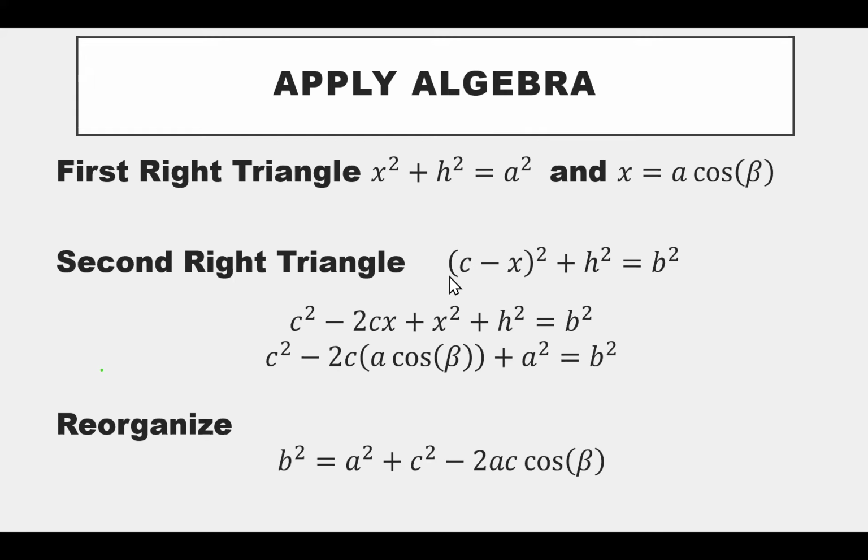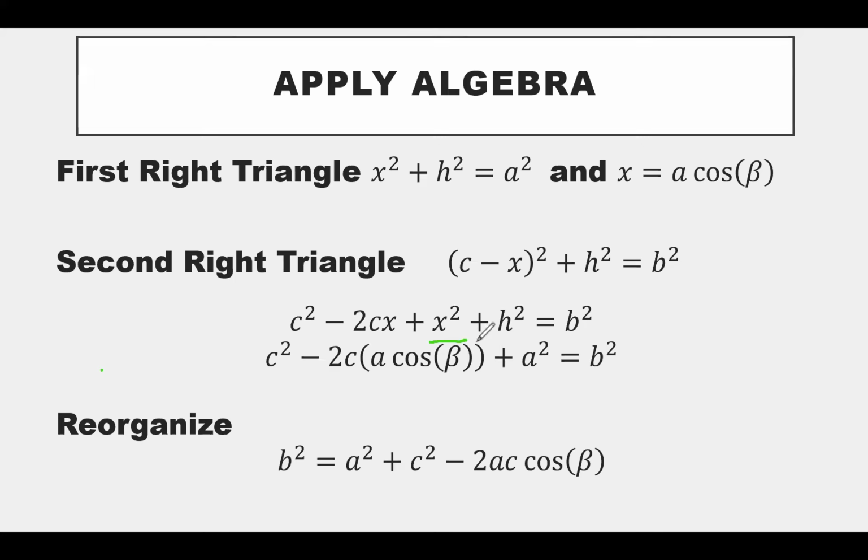For my second right triangle, I have c minus x quantity squared plus h squared is equal to b squared. So the first thing I do is multiply c minus x squared out. When I do that, I'll get c squared minus 2 times cx plus x squared. Then we still have the plus h squared is equal to b squared.